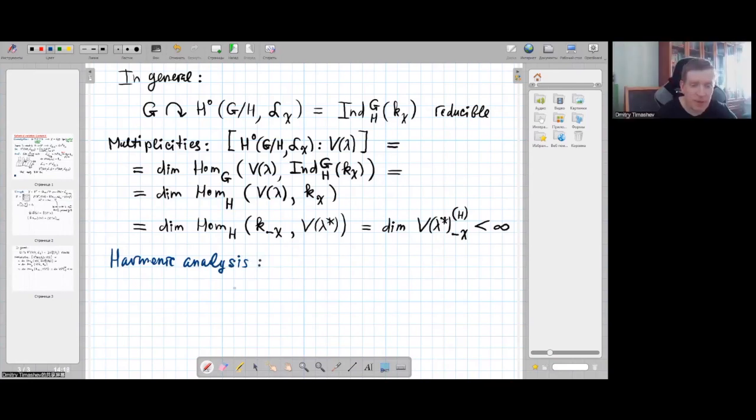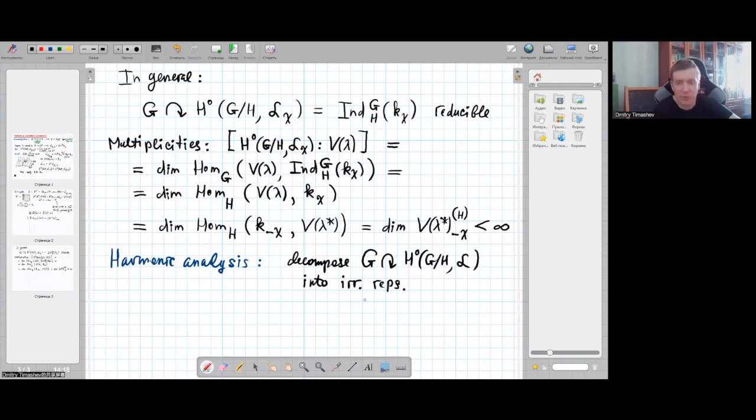The fundamental problem in harmonic analysis is to decompose the representation of G in sections of homogeneous line bundles over a homogeneous space into irreducible representations, as on a line or on a circle in Fourier series.